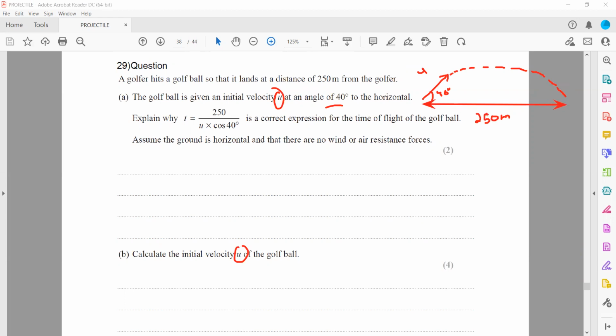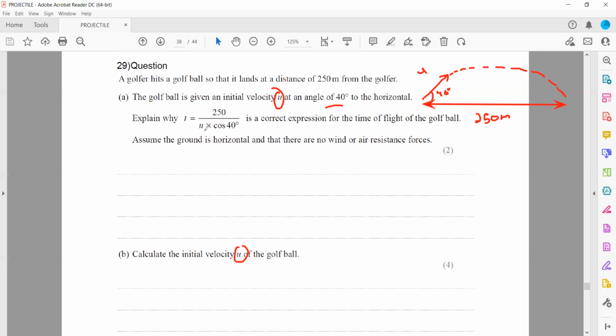We can solve either using equations of motion, or using speed equals distance divided by time. We already showed in the previous part that the time is given by this expression.